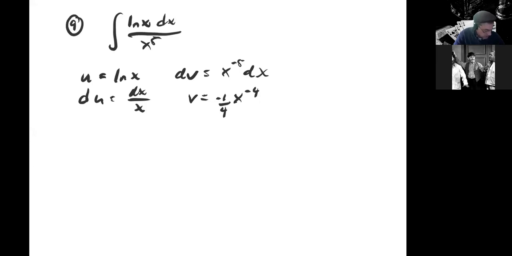And so what does the integral become? It becomes uv, which is minus a quarter x to the minus 4, ln of x, minus, but there's going to be another minus sign making a plus, the integral of dx. So x to the minus 4th divided by x is x to the minus 5th, so it's minus a quarter, that's a quarter, dx over x to the 5th.